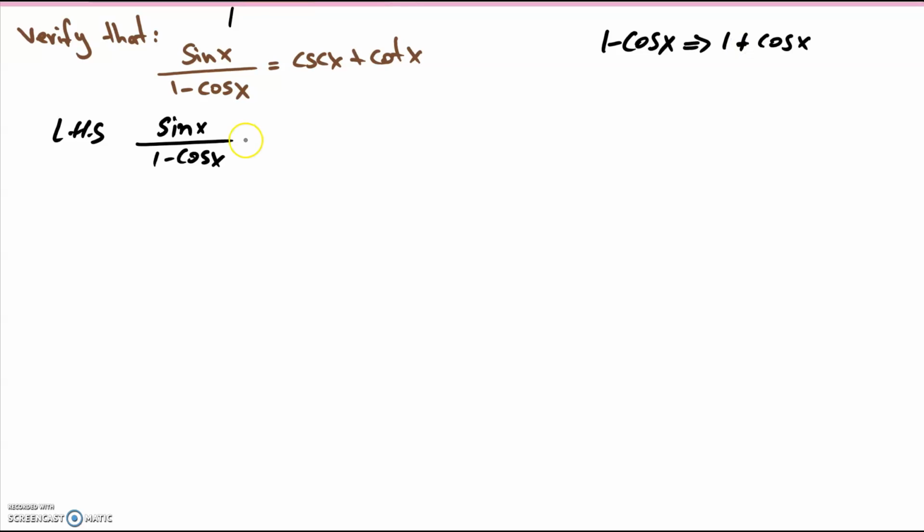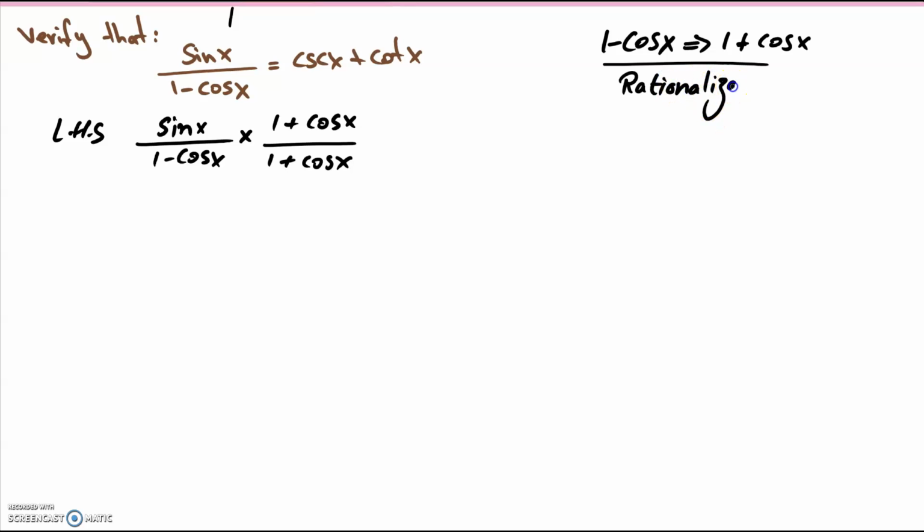When you multiply and divide with this expression, that is called multiplying with the conjugate. This method is also called rationalization. You can name the method either way, they can ask you in many different ways. Okay, let's simplify this one.